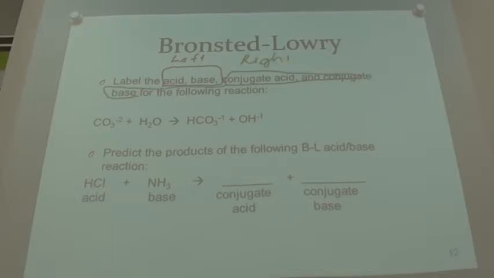So I'm looking here at the left side, and I need to know what is the acid. What is the definition of a Bronsted-Lowry acid? Right. The acid donates a hydrogen ion. Of these two things, which one can donate a hydrogen ion? H2O. So it has to be the acid.